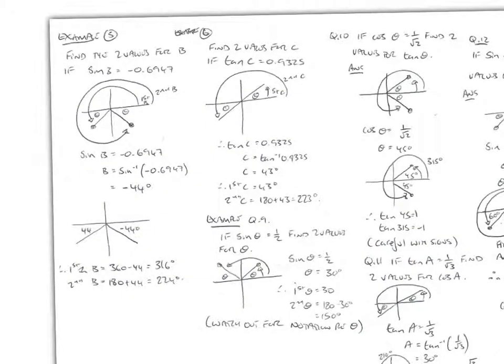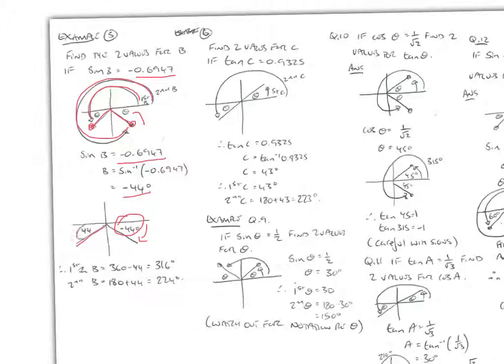Find two values for B if sine B is equal to this. Okay, so we're talking about sine, we're talking about negative, so there's one angle, there's another angle, and we're looking to find our first B and our second B. So we let sine B equal that. B is minus 44 degrees, so this is minus 44 here.